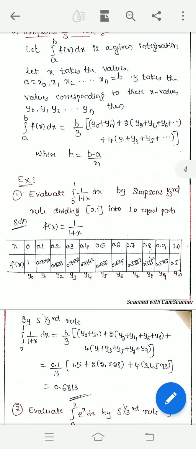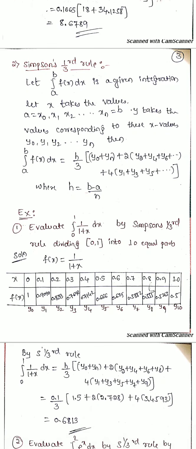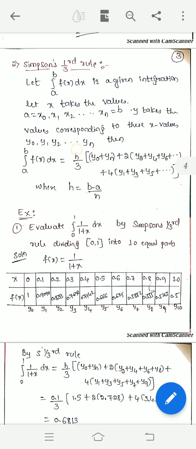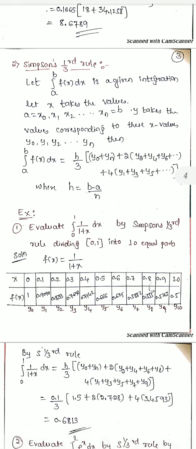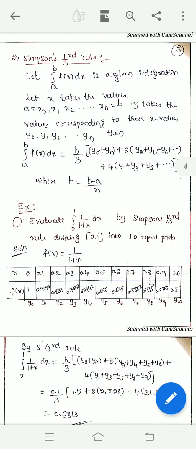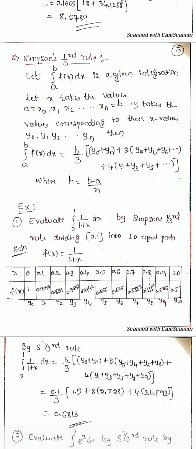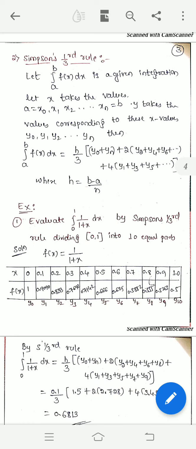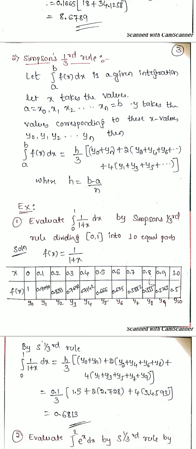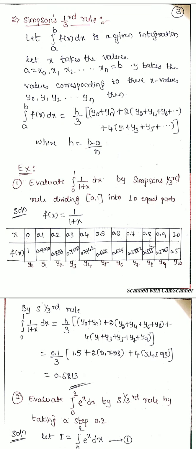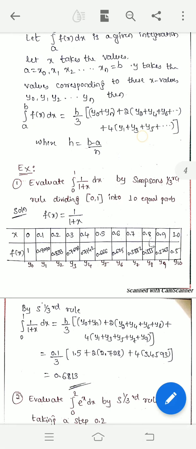Then the Simpson's 1/3 rule formula is given by the integration from a to b of f of x into dx is equal to h by 3 into (the first term plus last term, that is y0 plus yn) plus 2 into (y2 plus y4 plus y6 plus so on, meaning we are adding all the even terms) plus 4 times all the odd terms, that is y1 plus y3 plus y5 plus y7 plus so on.